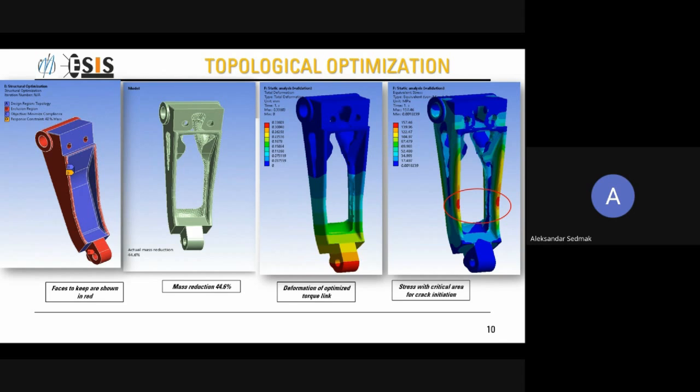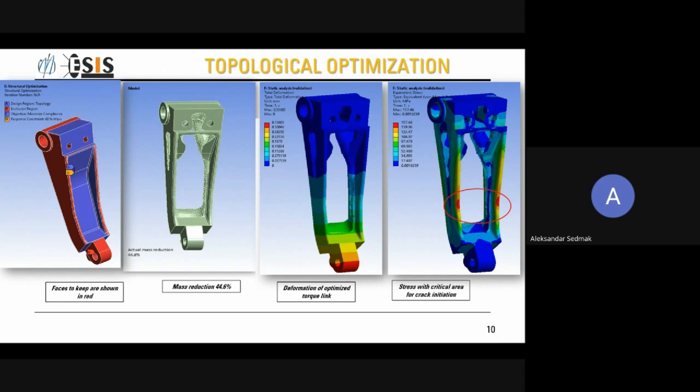Now you can see why this was done. The idea was to make a lighter component by 3D printing technology, and you can see this modified geometry and optimization, so-called topological optimization.